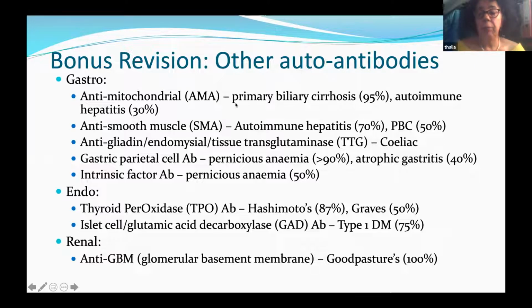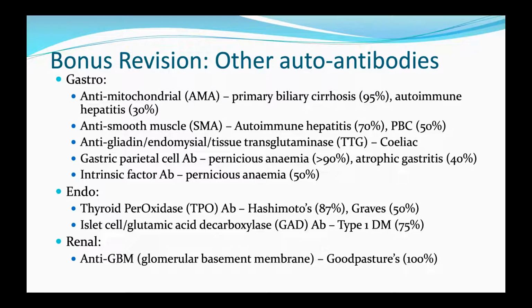Anti-smooth muscle antibodies, mostly autoimmune hepatitis, to a lesser extent primary biliary cirrhosis. Antigliadin and endomysial and tissue transglutaminase are related to celiac disease. Gastric parietal and intrinsic factor antibodies are related to pernicious anemia.